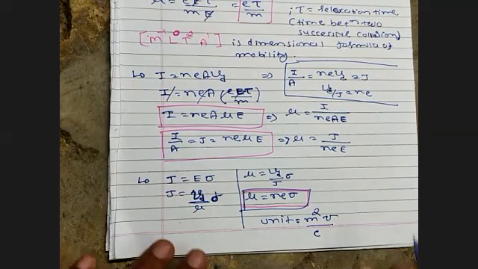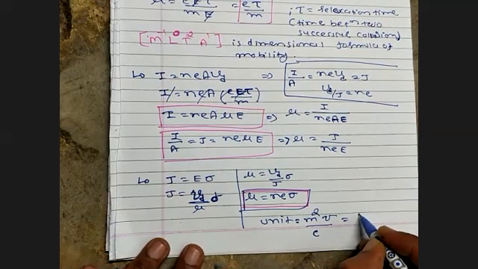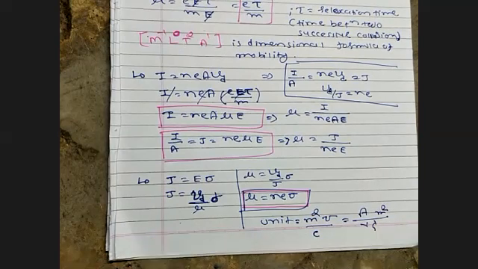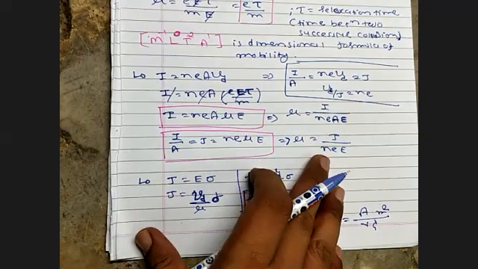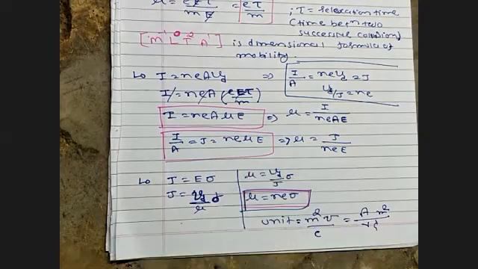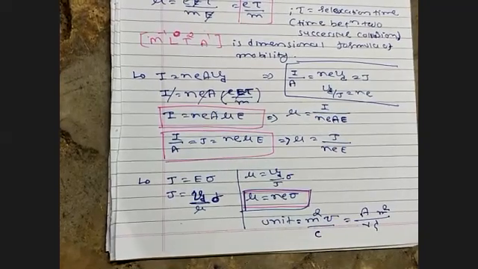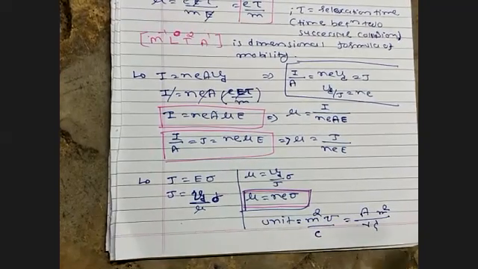Another is ampere meter square per volt into coulomb. So put it in any equation, and you obtain the same unit.